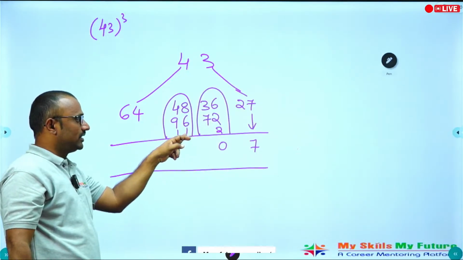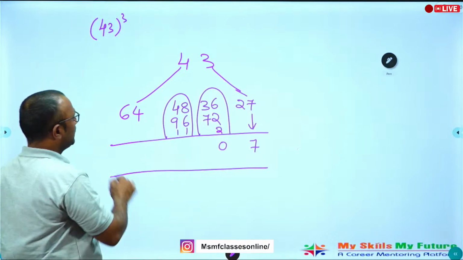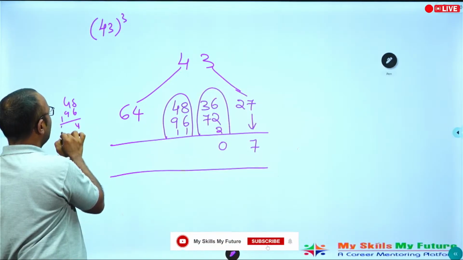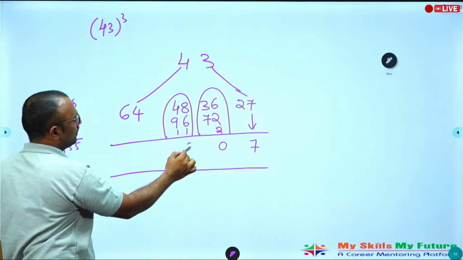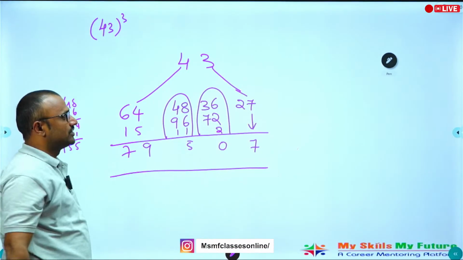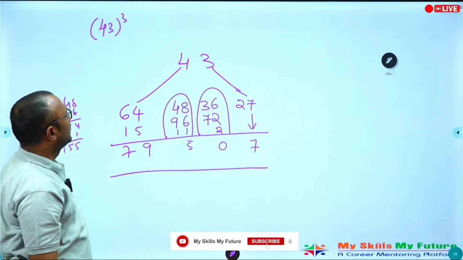So write 0 here and carry 11 here. 48 plus 96 we get 144, plus 11 we get 155. So write 5 here, carry 15 here. So, 79507. Okay, simple technique is there.